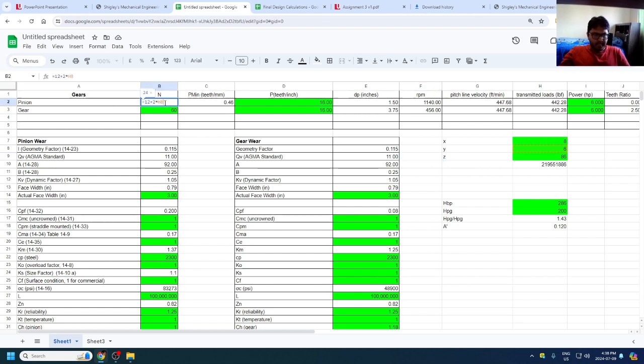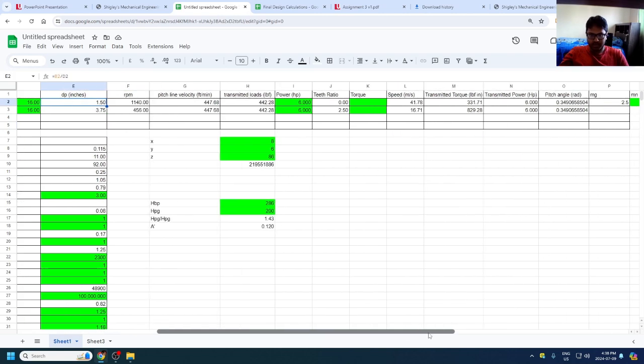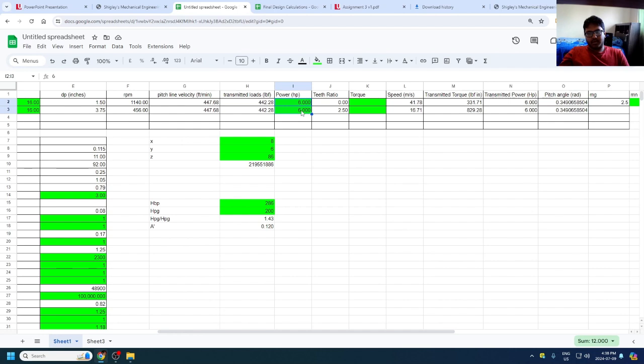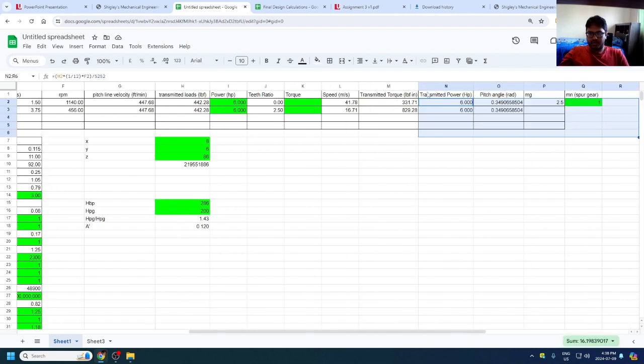So for the pinion, here's the formula: 12 plus 2 times y over here. The diametral pitch, the gear teeth, and the pitch diameters are given. Got the RPM from this equation, and then the transmitted loads and power, which are also given. Torque I don't have, but we did calculate the speed, the transmitted torque, and the transmitted power.